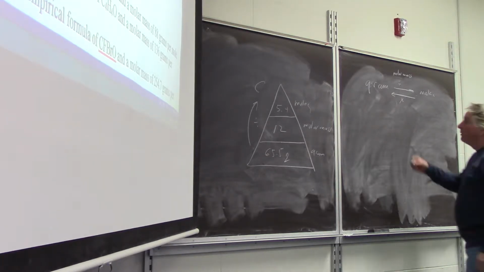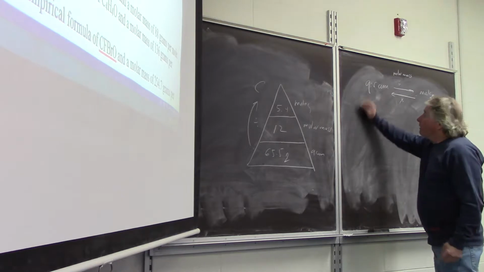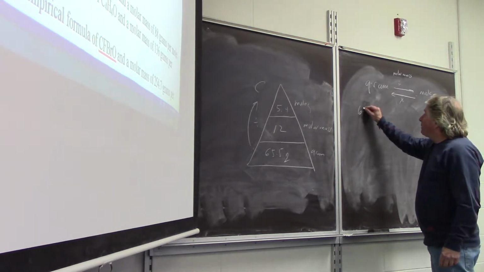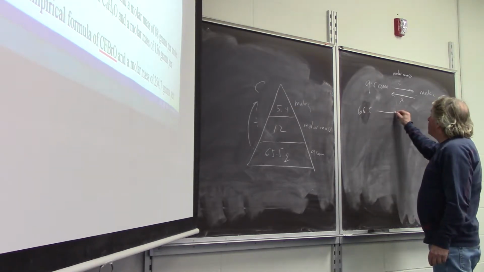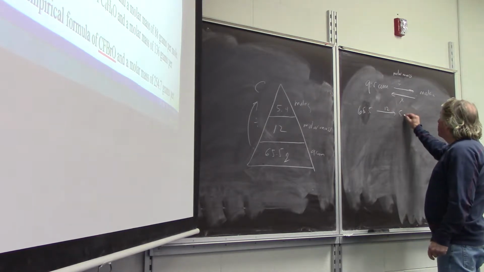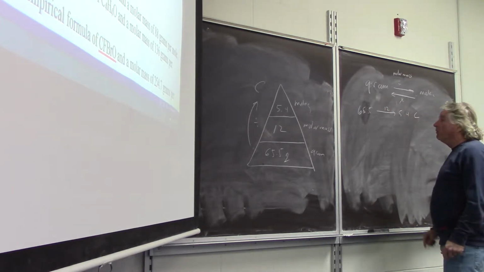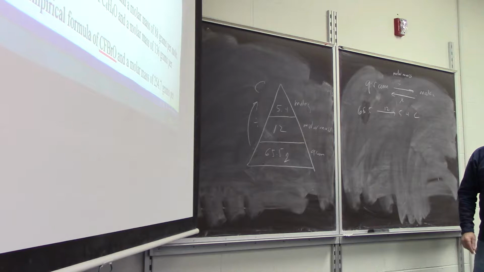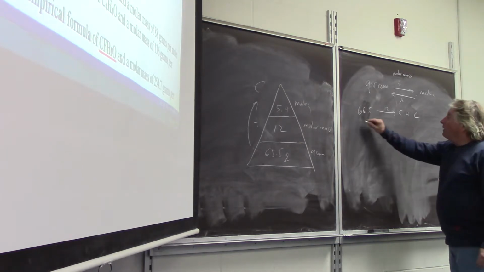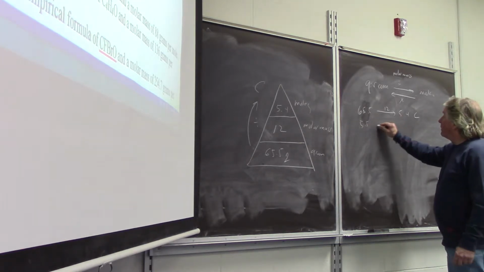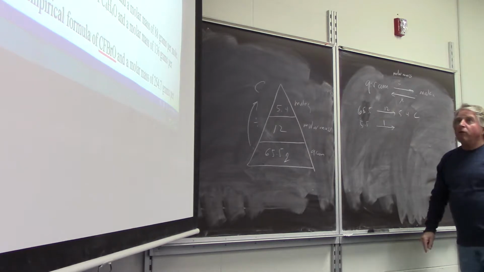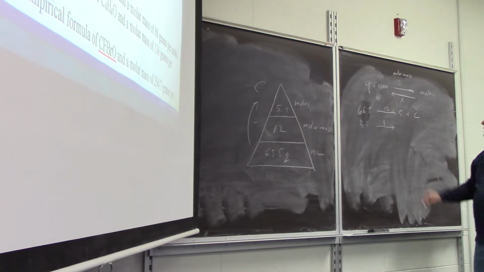Okay. So we have 5.4. So we go from 65.5, divide by 12, and you end up with 5.5 moles of carbon. 5.5, 1 mole of hydrogen.